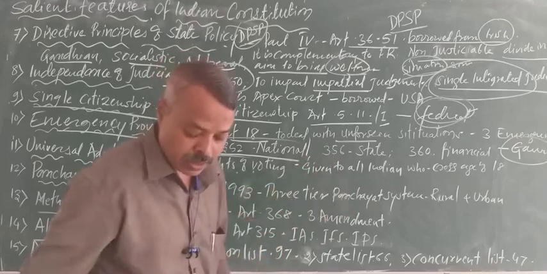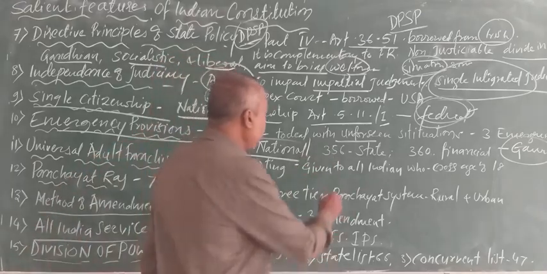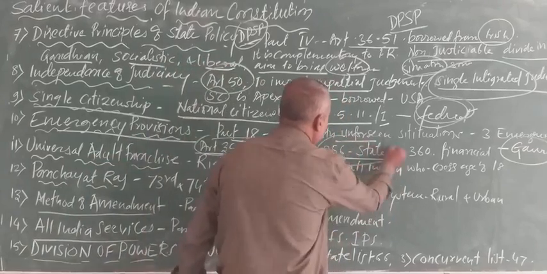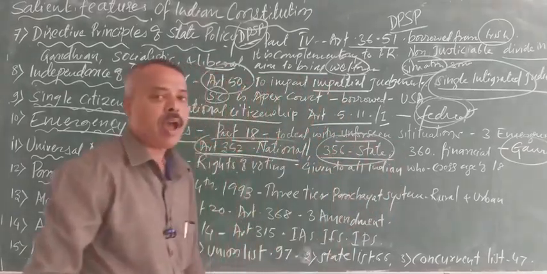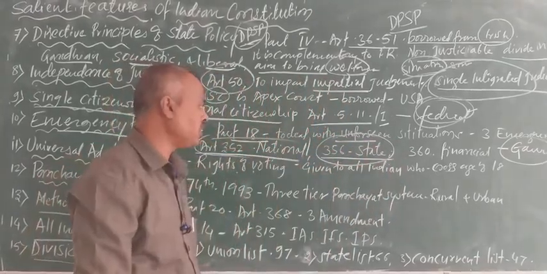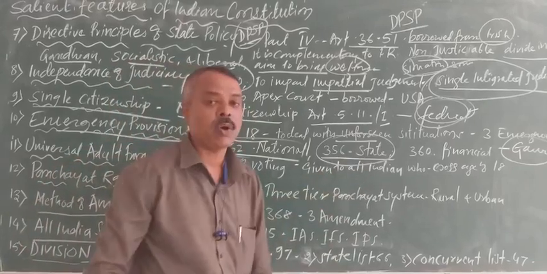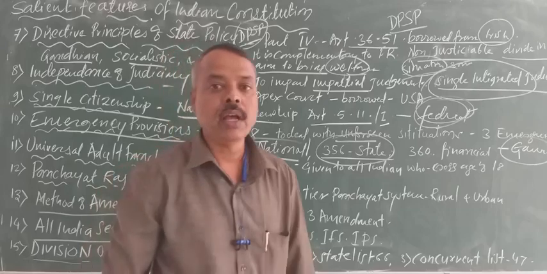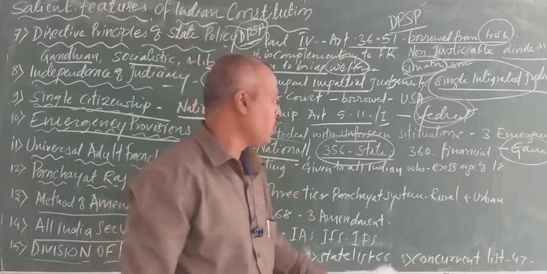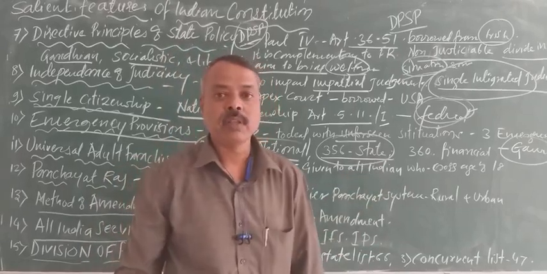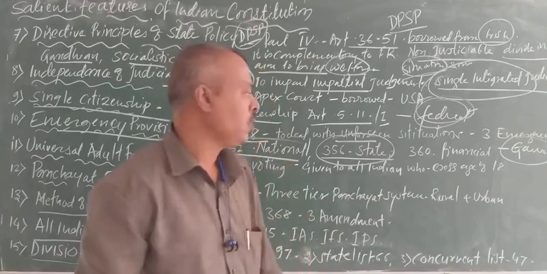Then state emergency, Article 356 deals with the state emergency, or it may also be called a constitutional emergency. This constitutional emergency arises due to the failure of constitutional machinery in the state or in the center. So during this time it is also called presidential rule.